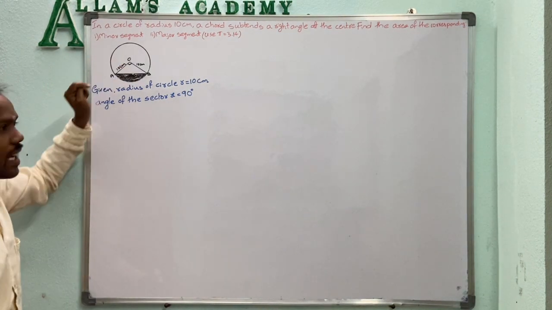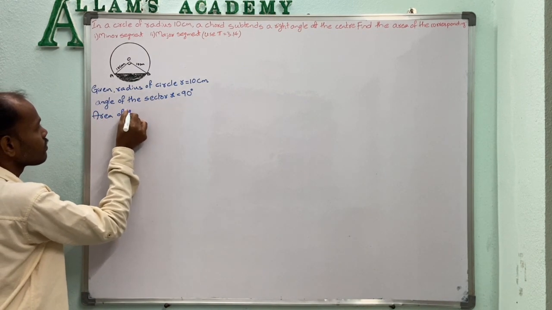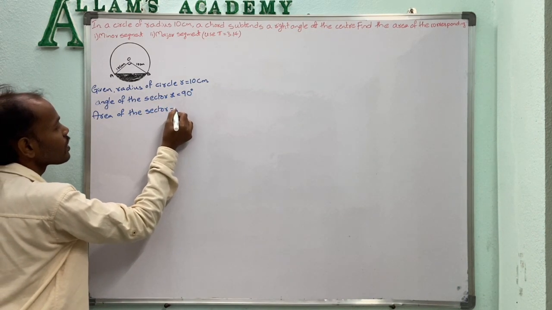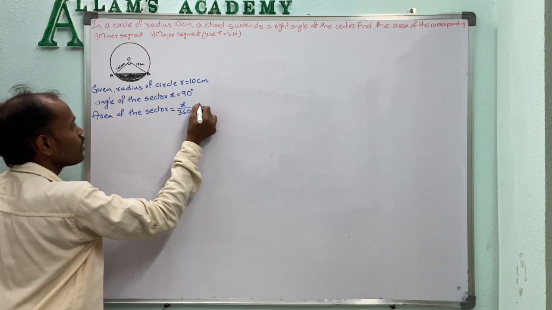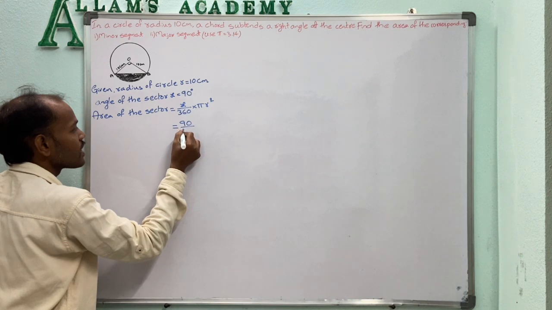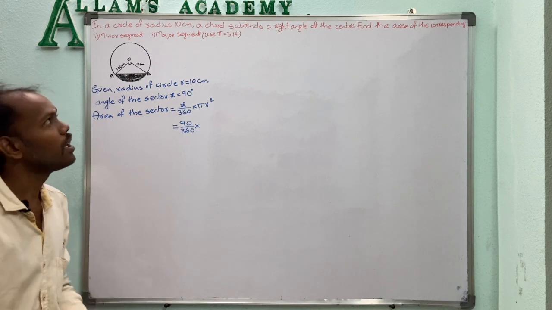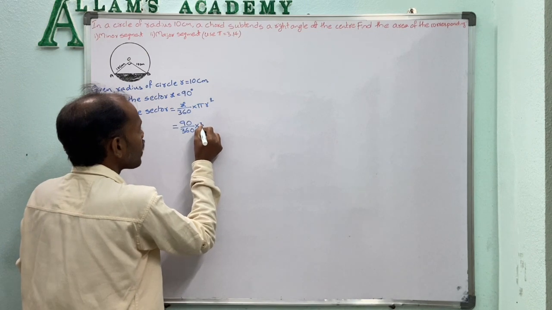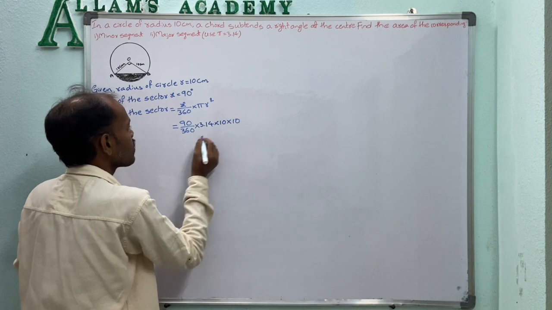So first finding the area of the sector. So area of the sector equal to x by 360 into pi r square. So x is 90, so 90 by 360 into pi value, 22 by 7 or 3.14 we know, but here since 3.14 is given, we want to take 3.14 only. So 3.14 into radius, that is 10 given, so 10 into 10.